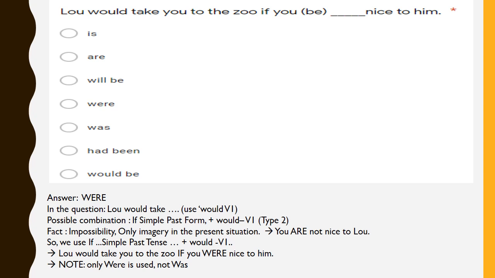It's only imagery in the present situation, because the real situation is that you are not nice to Lou. So we use if simple past tense combined with would verb 1. So the sentence is Lou would take you to the zoo if you were nice to him. Please pay attention that only were is used, not was.